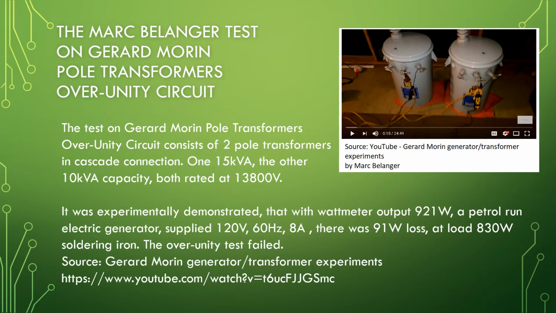It was experimentally demonstrated that with wattmeter output 921 watt, a petrol-run electric generator supplied 120 volt, 60 Hz, 8 ampere. There was a 91 watt loss at the 830 watt soldering iron. The over-unity test failed. Source: Gerard Morin generator transformer experiments.